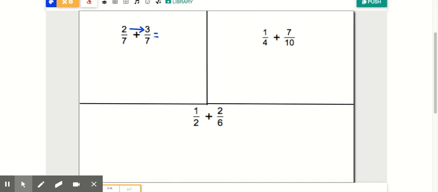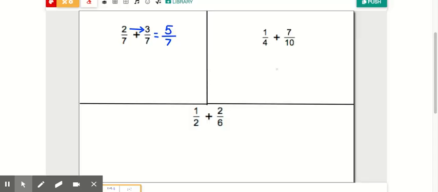So in this case, 2 plus 3 is 5, and then I keep the denominator of 7. So I added straight across, kept the denominator. 5/7, neither of those have a common factor, so I can't simplify, so that is my final answer.